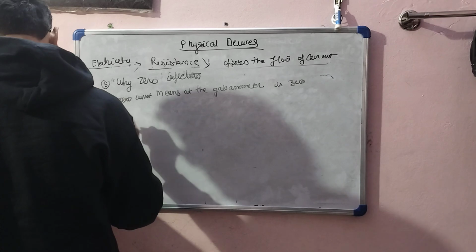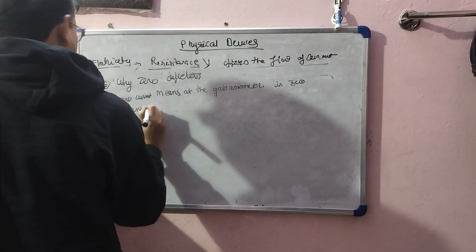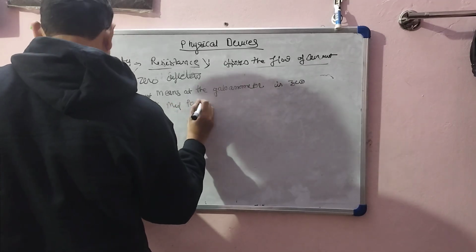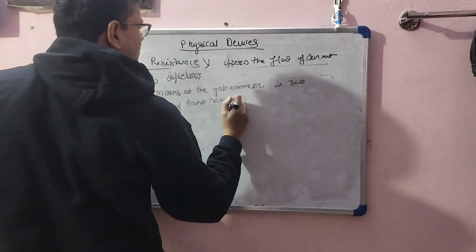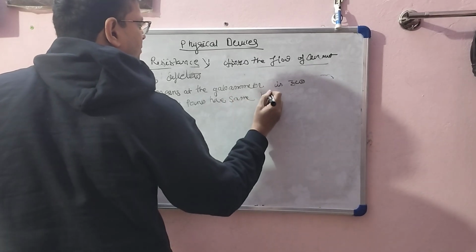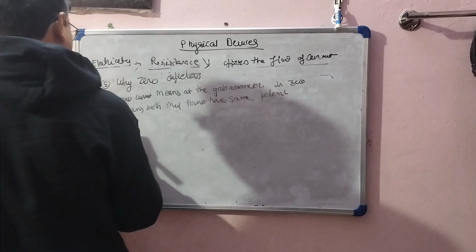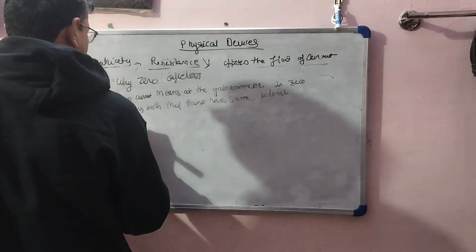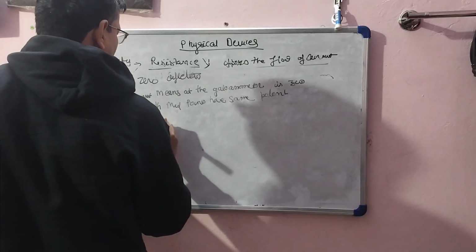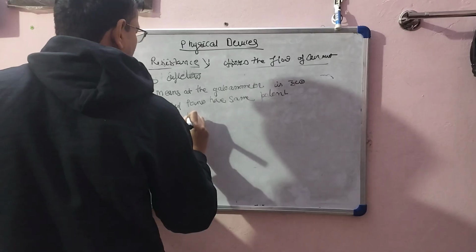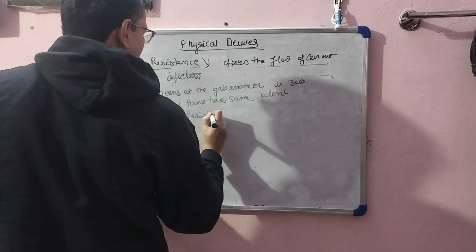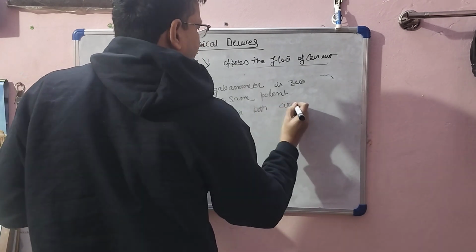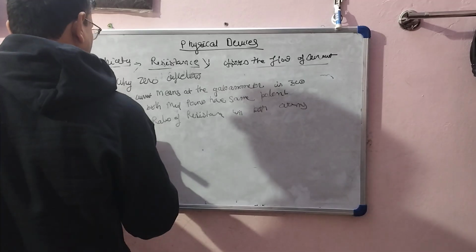Second point is that both midpoints have the same potential. Third is the ratio of resistance is equal.